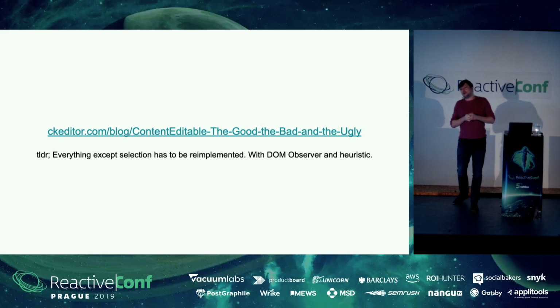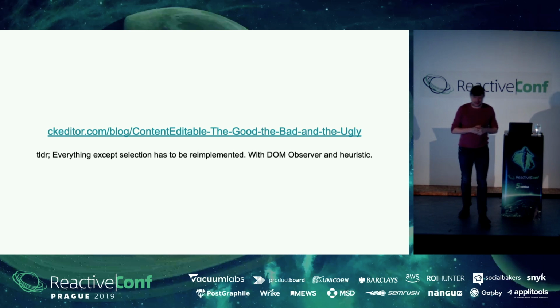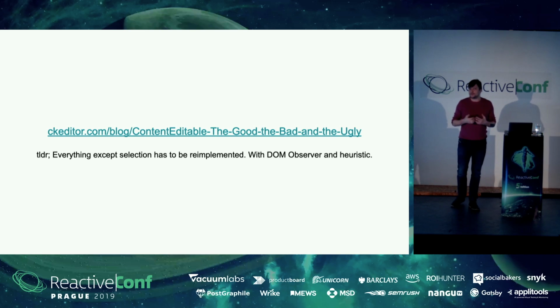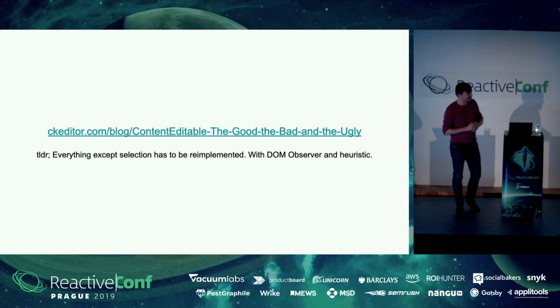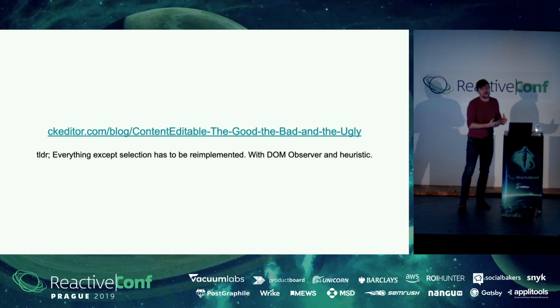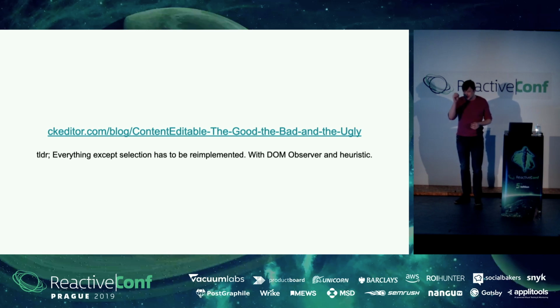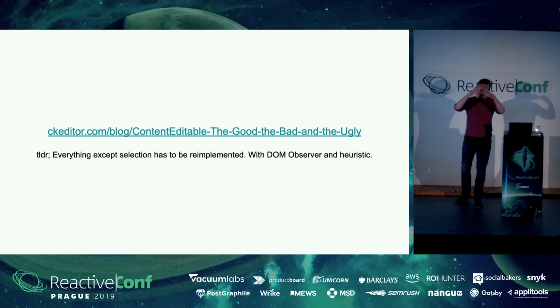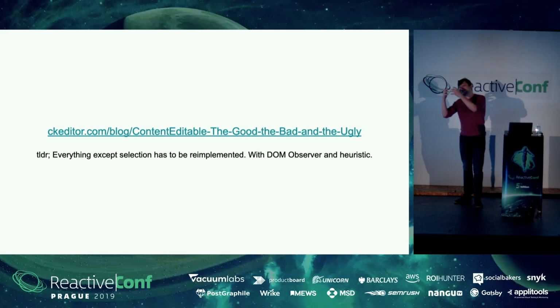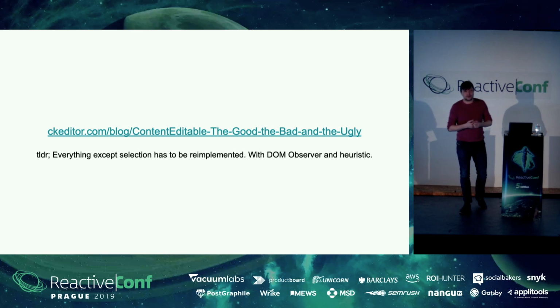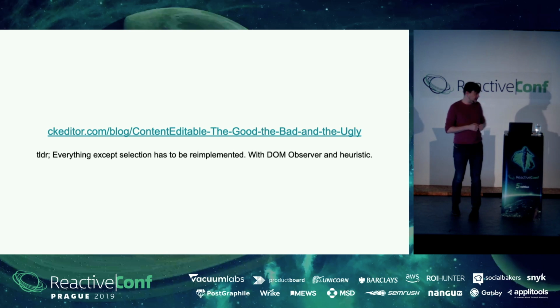Basically, all editors have to use DOM observer and heuristics. And that's why it's so hard. DOM observer is a nice API, but as the library author, you never know if the change was made by some component or by the user itself. And trying to figure it out leads to more heuristics.